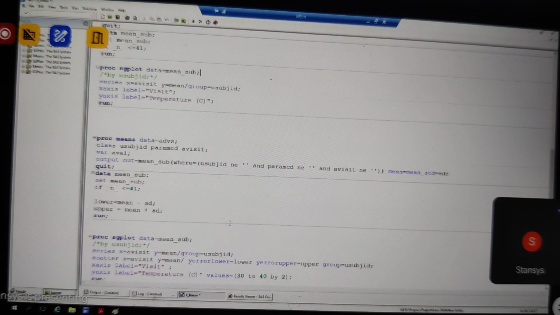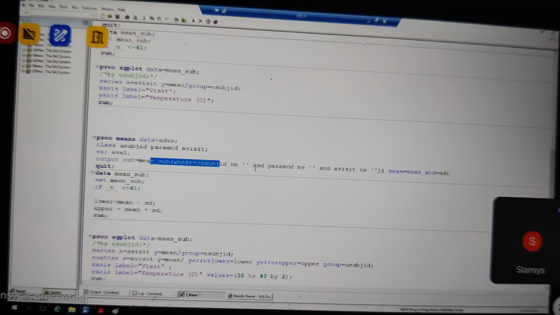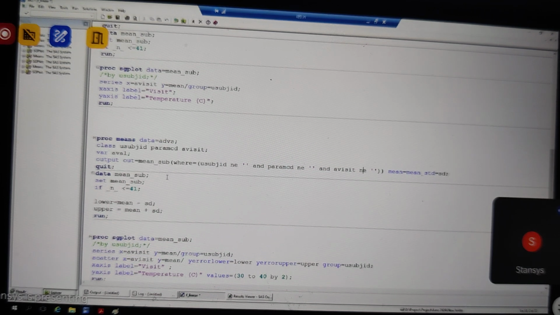For example, this is the same IDVS. We are taking it subject-wise. The same thing we are taking for the subject and parameter visit, and then again the same value. Here we are taking lower equal to mean minus SD, and upper equal to mean plus SD. These are the values we are getting.